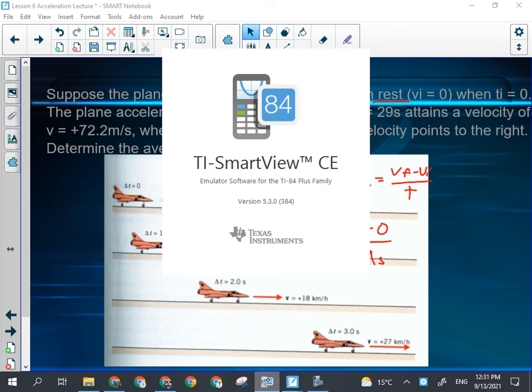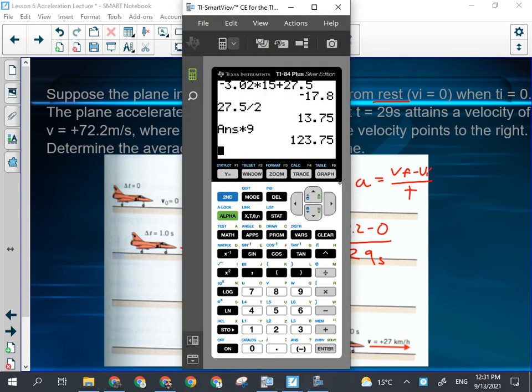That's not what I want it to do. So I have to make sure that I'm actually doing 72 divided by 29. I have to make sure that the top is done before the bottom. Okay, that's much better. 2.5 meters per second squared.